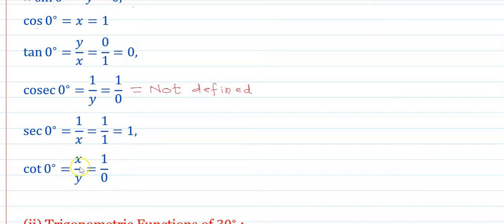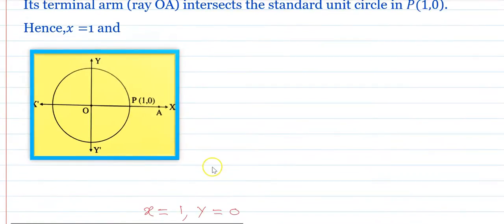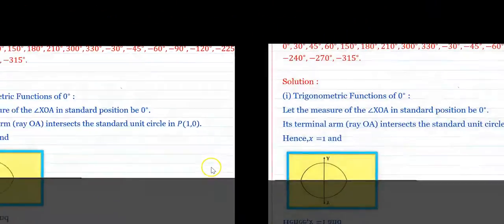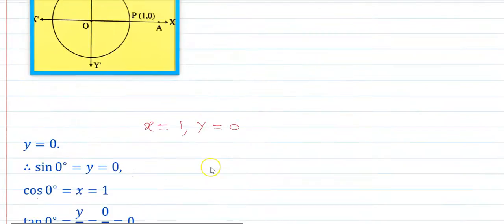Cot 0, again x upon y, the value of x is 1 and y is 0. Again, this is not defined. In this way, these are the values of trigonometric functions of 0.